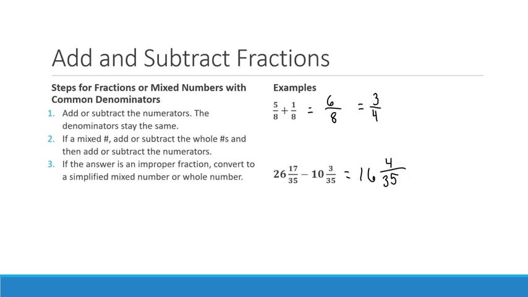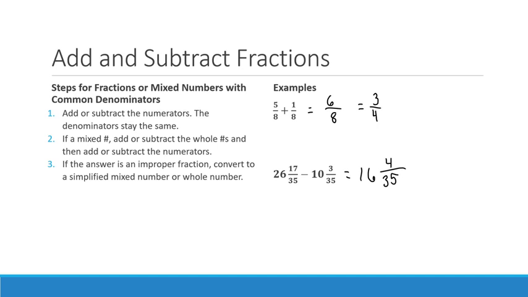The thing to remember is that when you're adding or subtracting fractions and mixed numbers, we always want to have a common denominator. Remember, the denominator is that bottom number. When you have a common denominator, you can perform the operation of adding and subtracting.